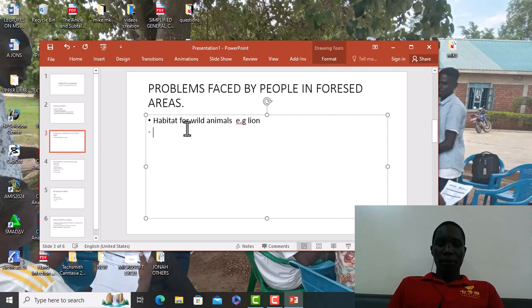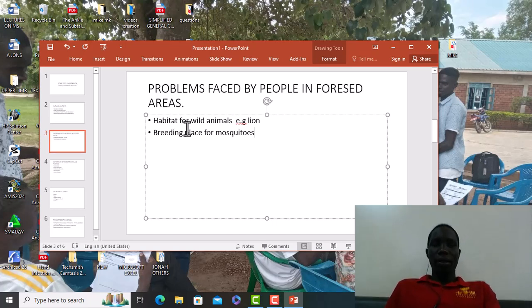Then we can talk about disease outbreak, such as the area acting as a breeding place for parasites such as mosquitoes. With an increase in numbers and attacking people with Plasmodium parasite, it results in sicknesses.